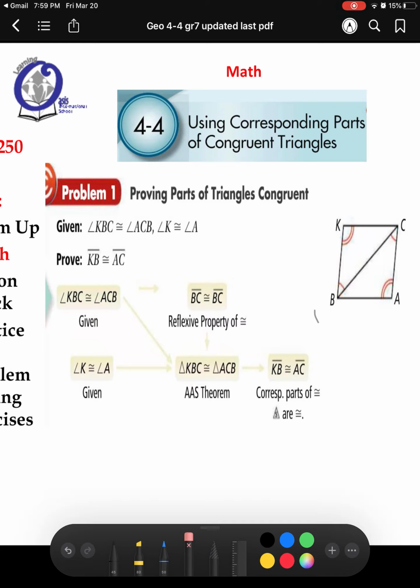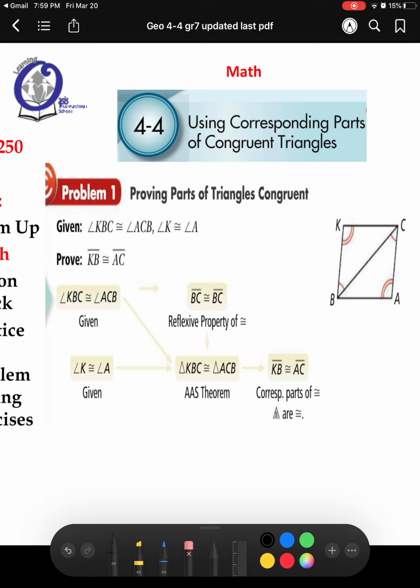What is the result of the congruence of the two triangles? The result is that every single angle in the triangle is congruent to its corresponding one, and the sides are as well congruent.